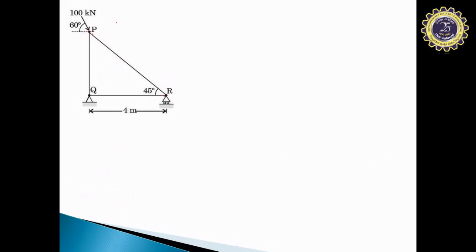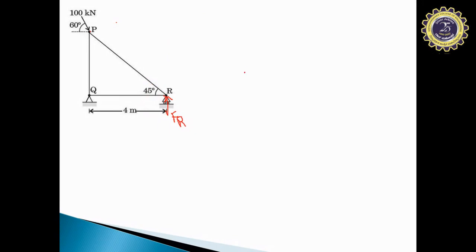If you apply at P, you will have resolved forces of 1 and 2, 3 and 4. So you need to consider 4 different forces in one particular equation. But if you look at the joint R, you have only one force, which is known, and 2 unknowns.